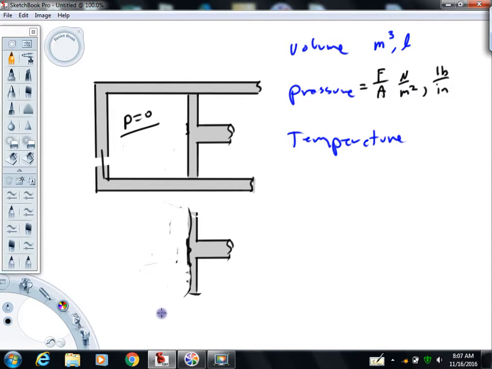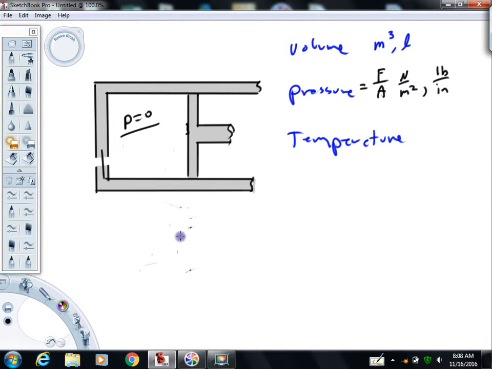Now, for anybody watching this video, there's a good chance that you've used a gauge and measured a pressure that was negative. Well, that's because when we take a pressure measurement, we normally are taking a measurement with respect to 1 atmosphere of pressure. If you're watching this video, it's very likely that you are somewhere on the surface of the Earth, and the surface of the Earth has what's called atmospheric pressure.